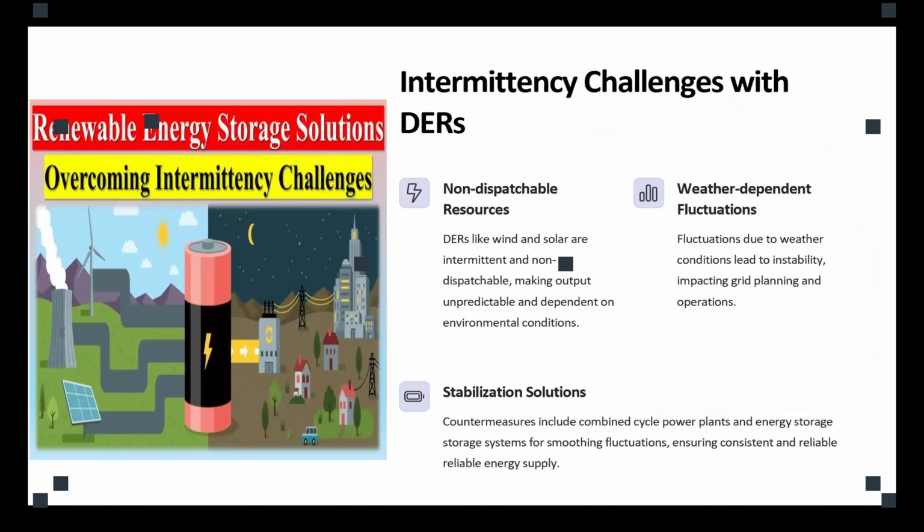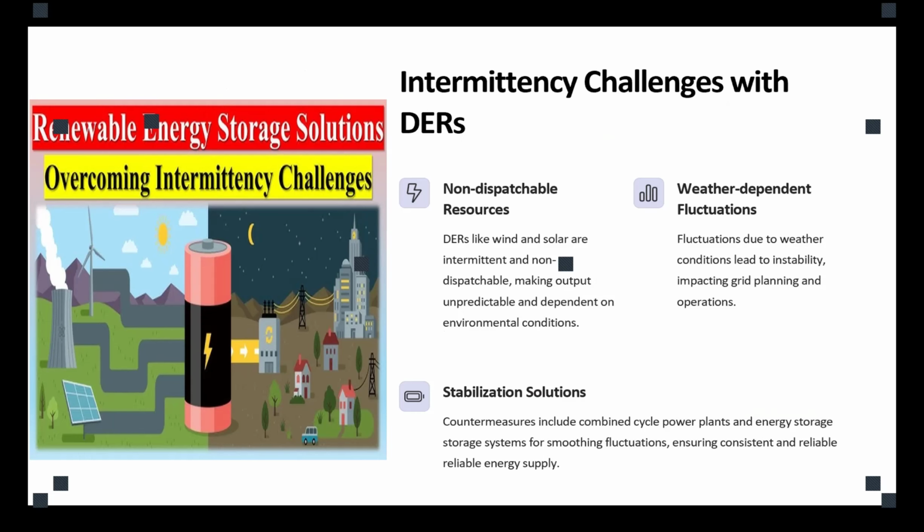Now, what are the challenges that DERs, which basically work with inverters, bring? To state it better, inverter-based resources are mostly DERs, distributed energy resources. The challenges are, first of all, that they are non-dispatchable resources. What does that mean?